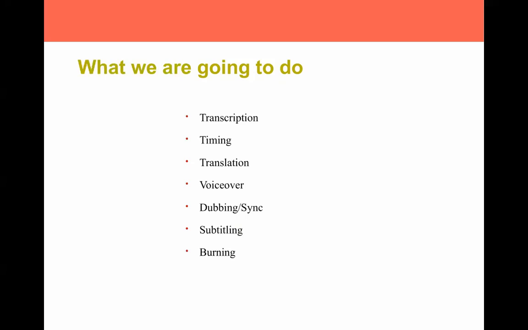Next, we will do voiceover. And after voiceover, I'm going to show you the award-winning technology to synchronize voiceover and the original video. I'll also show you an automatic subtitling feature. After that, we will burn the subtitles into the video.